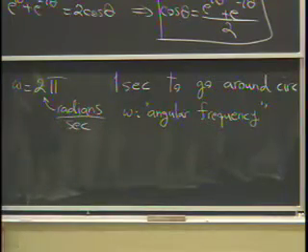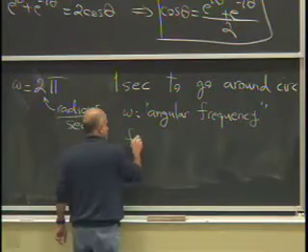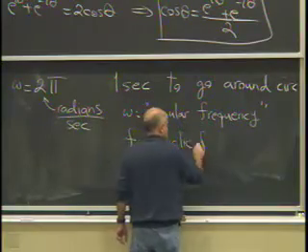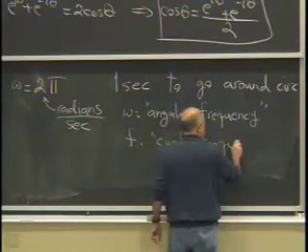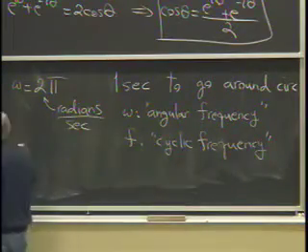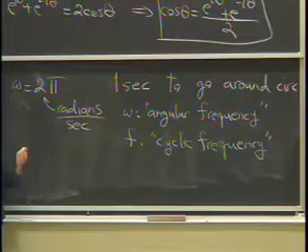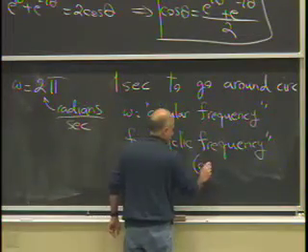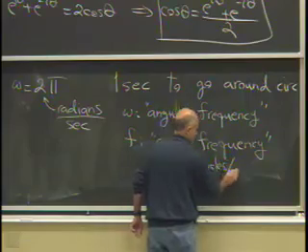Its relationship to the frequency that you're more familiar with coming into this course, namely f, which is the cyclic frequency. And what's the unit of the cyclic frequency? Hertz, or cycles per second.